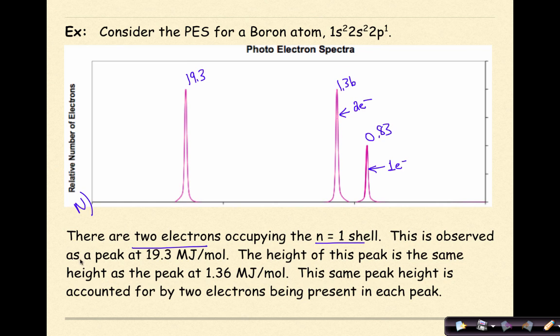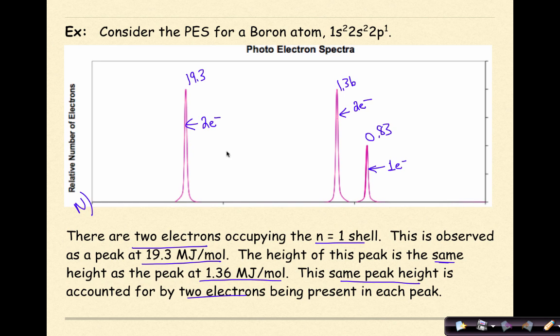This is observed as a peak of 19.3 megajoules per mole. The height of this peak is the same as the height of the peak at 1.36 megajoules per mole. This same peak height is accounted for by the two electrons being present in each peak. So as we saw, one electron here, two electrons here, and then again, two electrons here.